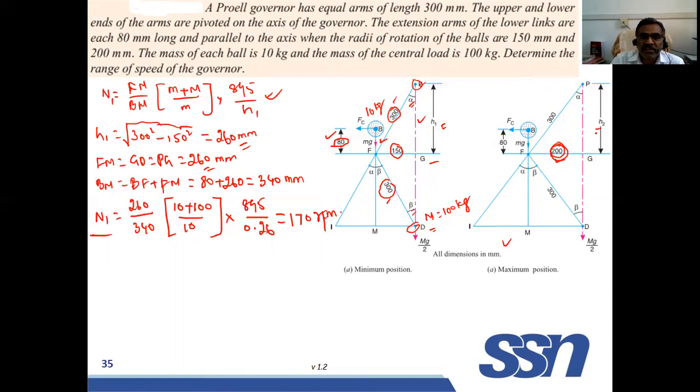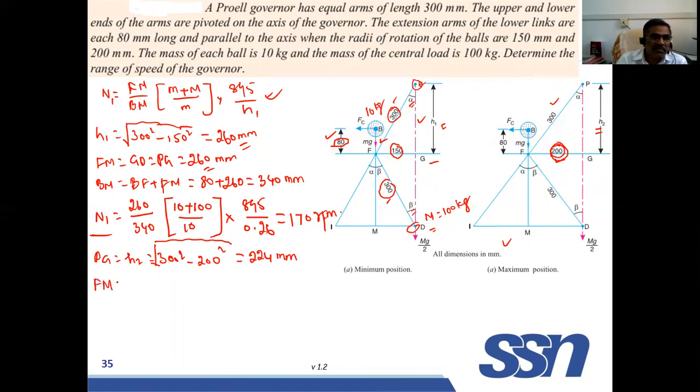Now you find the value of H2. So PG is equal to H2. H2 is equal to the root of 300 square minus 200 square. What is this value? 224 millimeters.